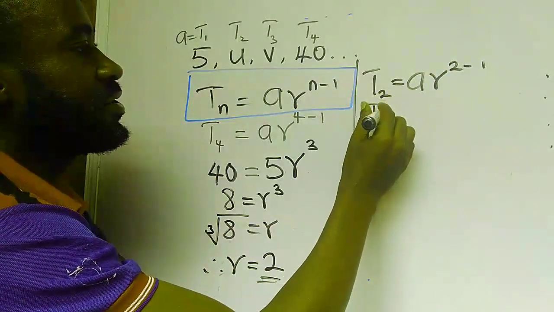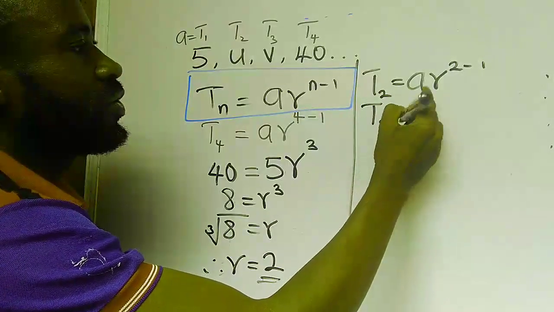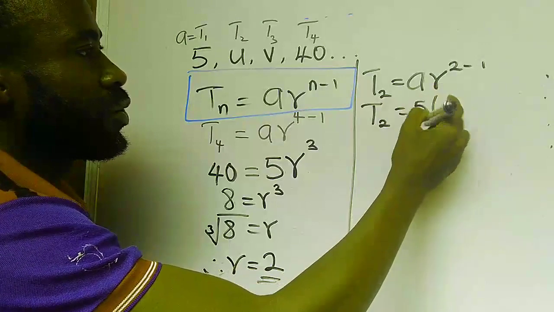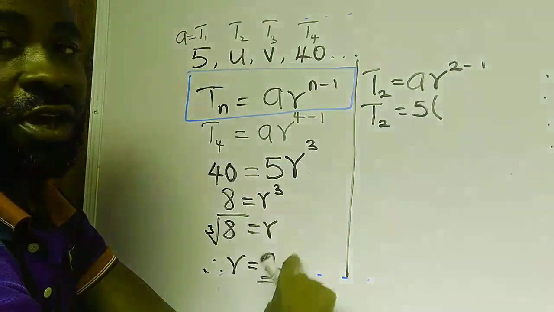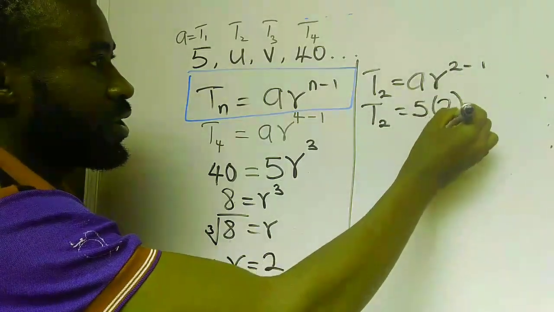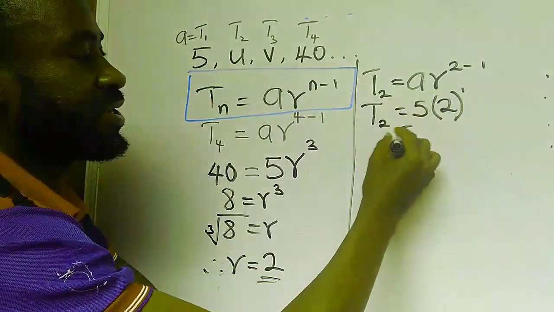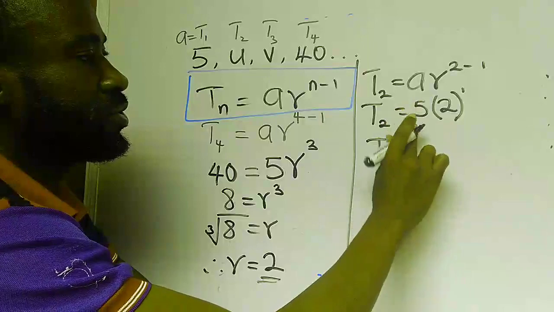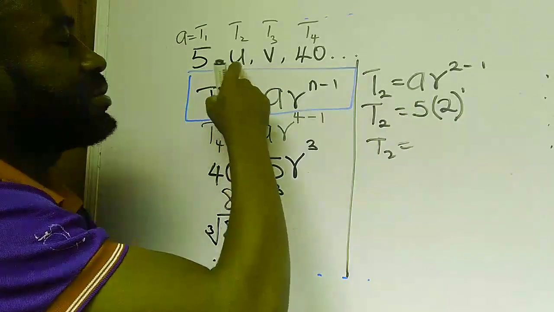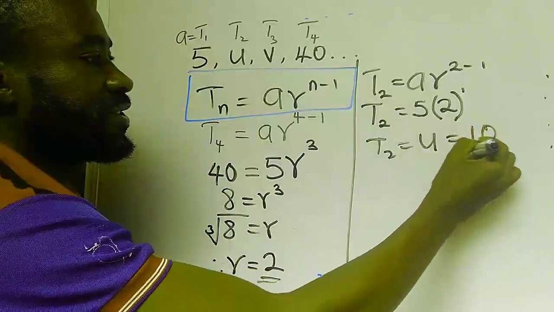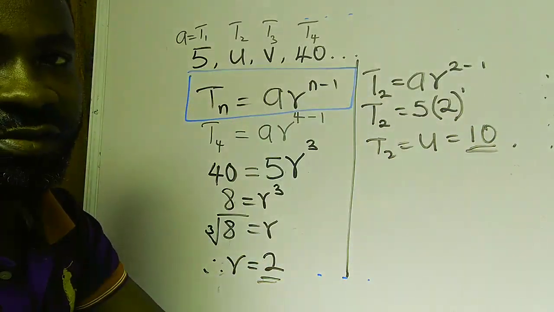And so we are having T2, which is A, which is 5, times R, which I've gotten as 2. So I'm having 2 raised to 2 minus 1, that is 1. Which means that our T2, which is the same thing as our U, is 5 times 2, and that is 10. I've gotten our U.